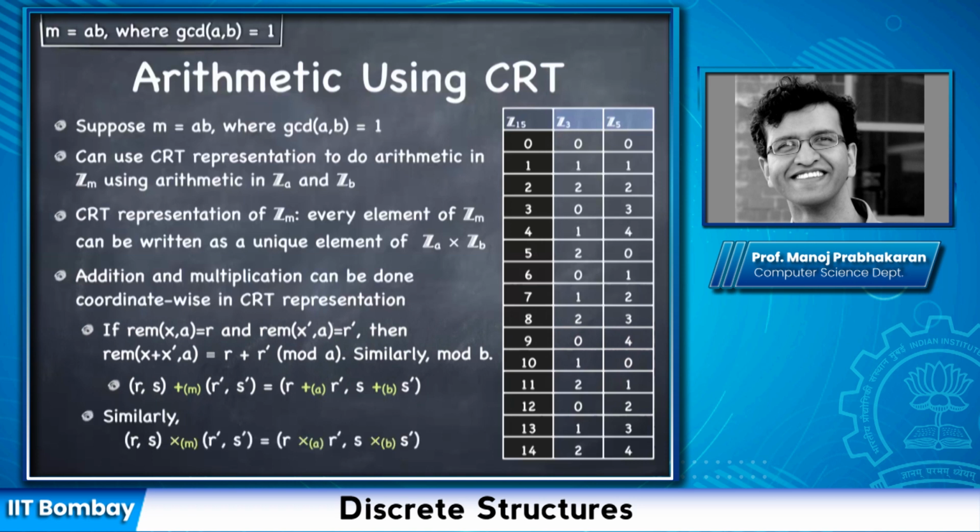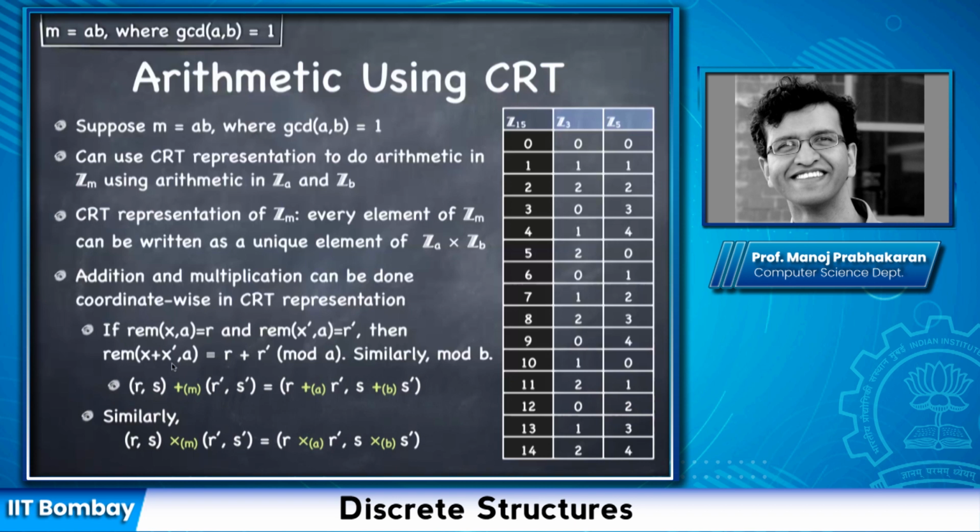And similarly for multiplication, it's the same kind of argument. x times x prime is congruent to r times r prime modulo A if x was congruent to r and x prime was congruent to r prime modulo A. Okay, and again, this is something you can quickly verify by looking at the remainders.